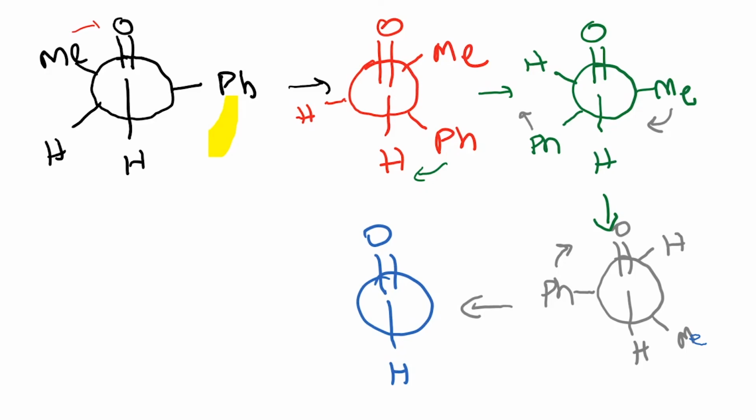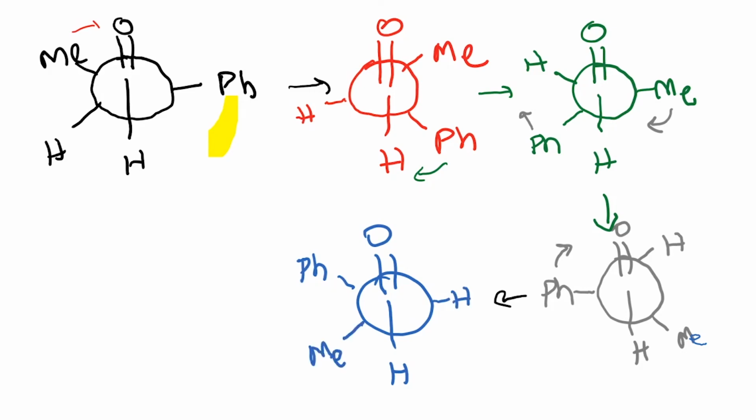Let me just erase this arrow a little bit so that I can squeeze in one more conformation over here. So here is the C double bond O, and when I do a rotation of the phenyl, then the phenyl ends up here, Ph, okay, and the hydrogen is now perpendicular to the carbonyl and methyl is over here.